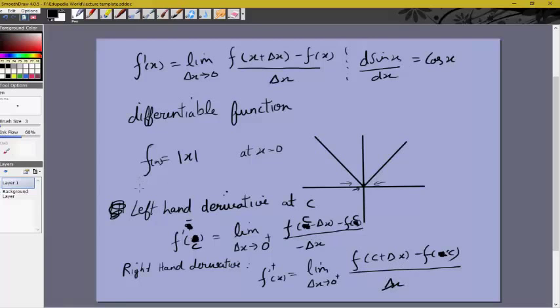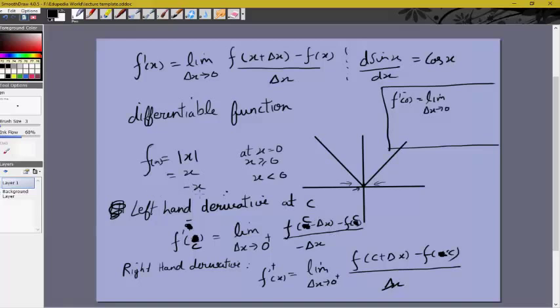So let's use these two formulas for f of x is equal to mod x. Mod x is defined as x if x is greater than or equal to 0, minus x if x is less than 0. Right. So for the left hand limit, we'll be going from the left side, so f of x will be minus x. So f dash minus of 0 will be given as, just look at this formula, limit delta x goes to 0, f of c minus delta x, c is 0, so f of minus delta x, right?